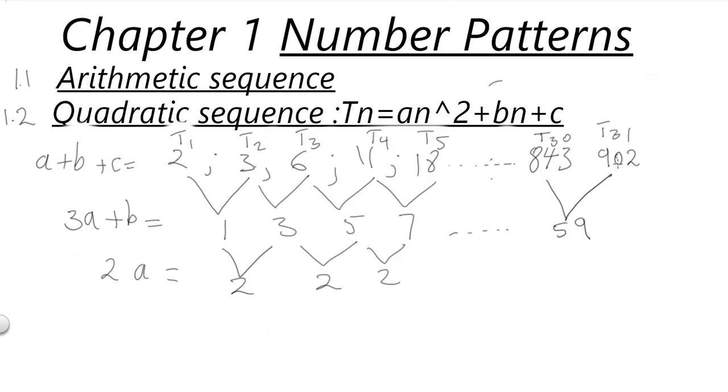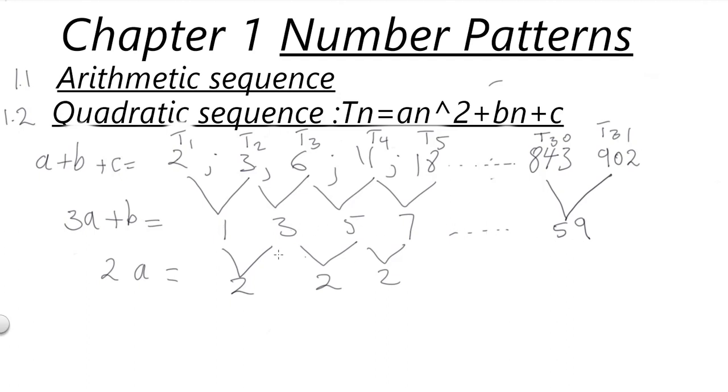So the difference between these two terms is here. Okay. So now this 59 belongs to this difference. Now when you look at it carefully, our first difference is also a sequence.